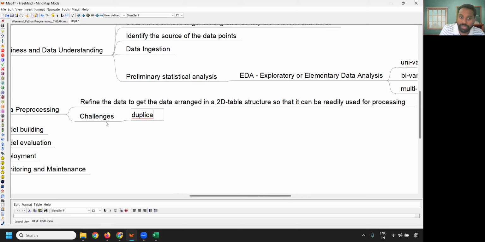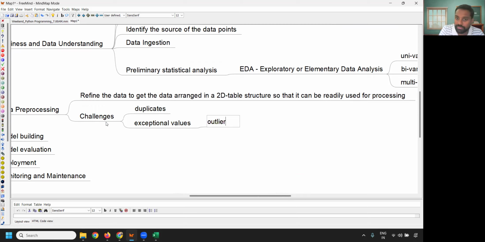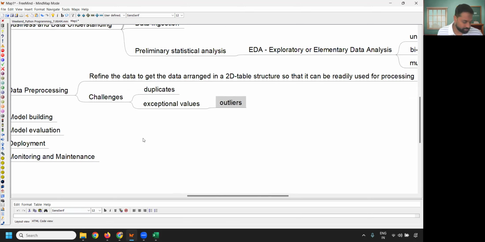And what challenges can we foresee? We may have duplicates. We may have exceptional values. What are exceptional values? What do we call them? Remember outliers? Do you guys remember outliers? Yes. What is an outlier?